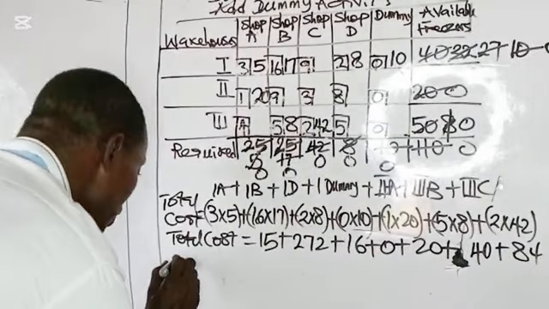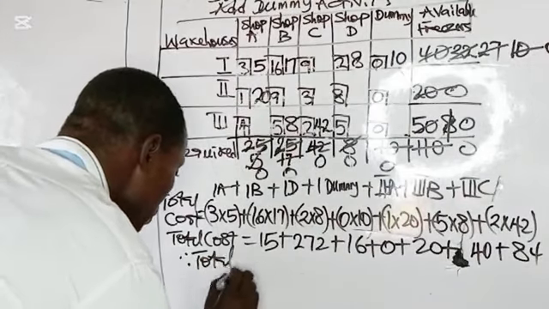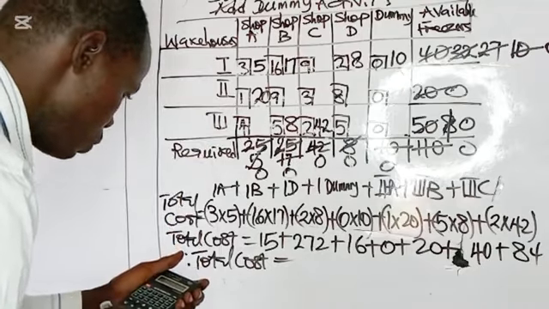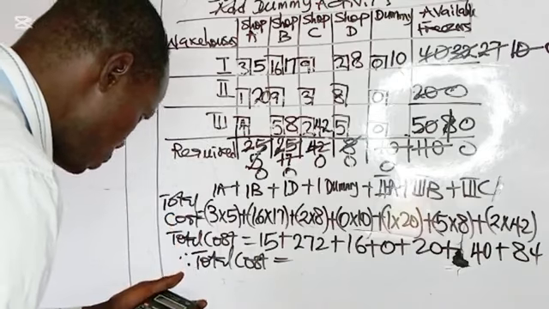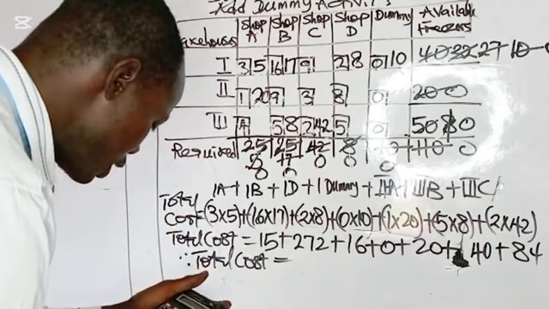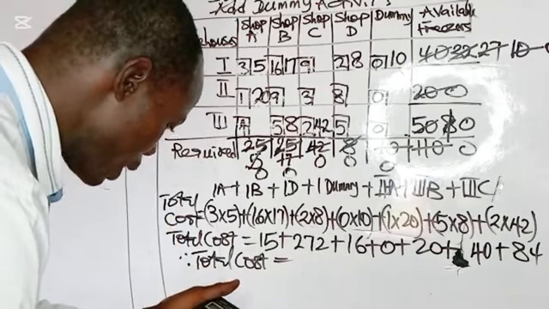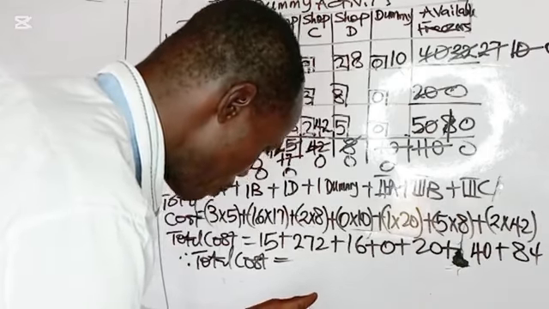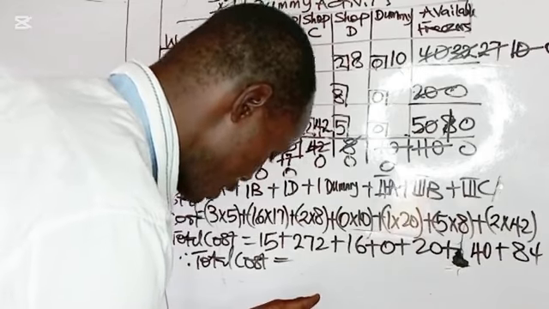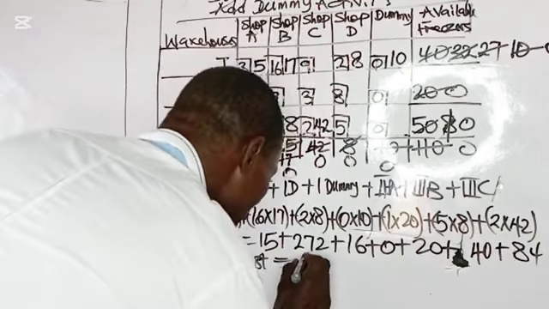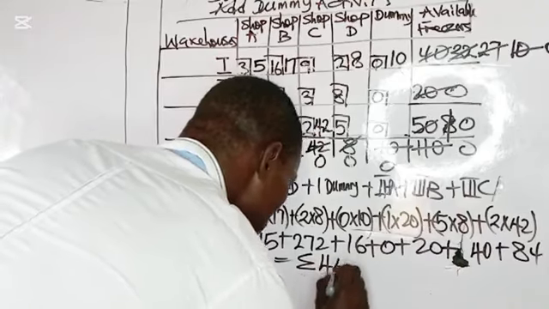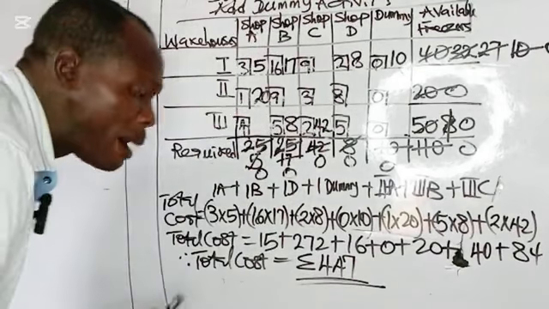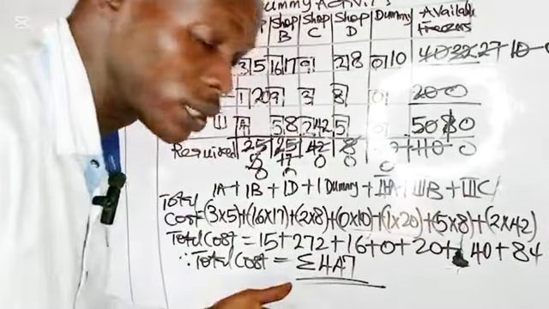Now, let's sum up. Therefore, total cost of transportation using the least cost method will be 15 plus 272, plus 16, plus 0, plus 20, plus 40, plus 84. This marked the end of the solution to the question.